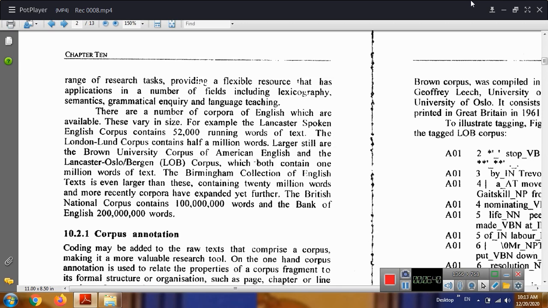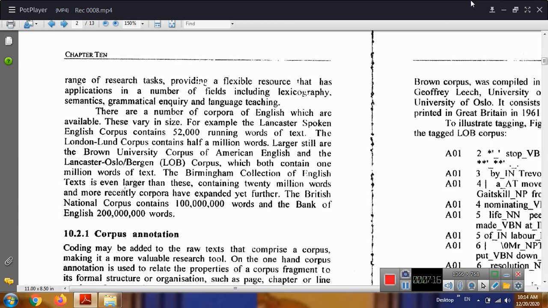Larger still are the Brown University corpus of American English and the Lancaster-Oslo-Bergen or LOB corpus, which both contain 1,000,000 words of text. Here you can see the vast size of these corpora. You should know this example and their size, because your final exam is multiple choice.